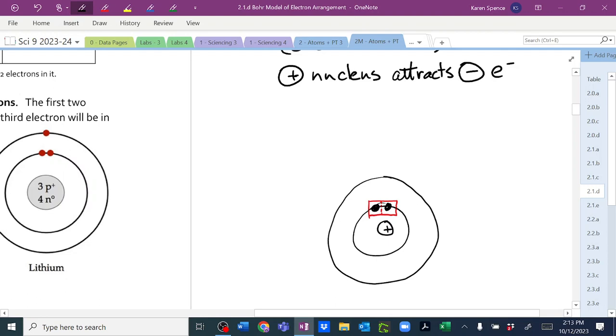Okay. Chat with your neighbor. How many rooms are there on the second floor?